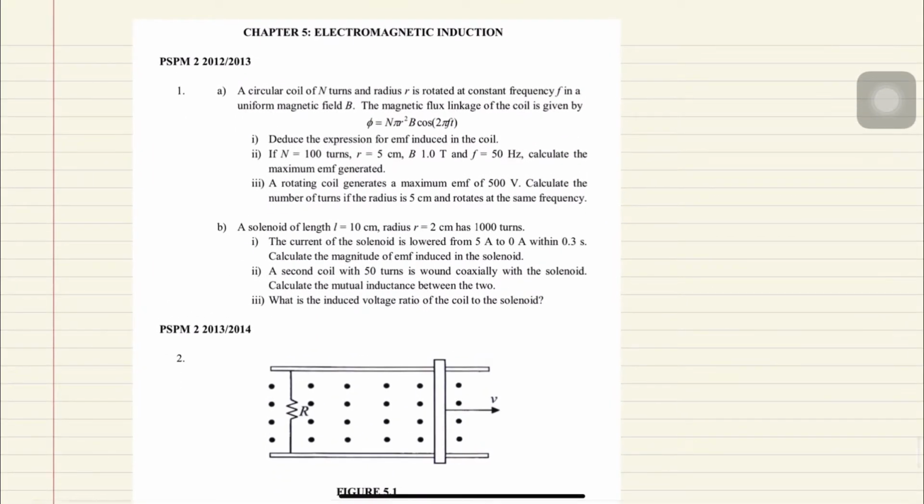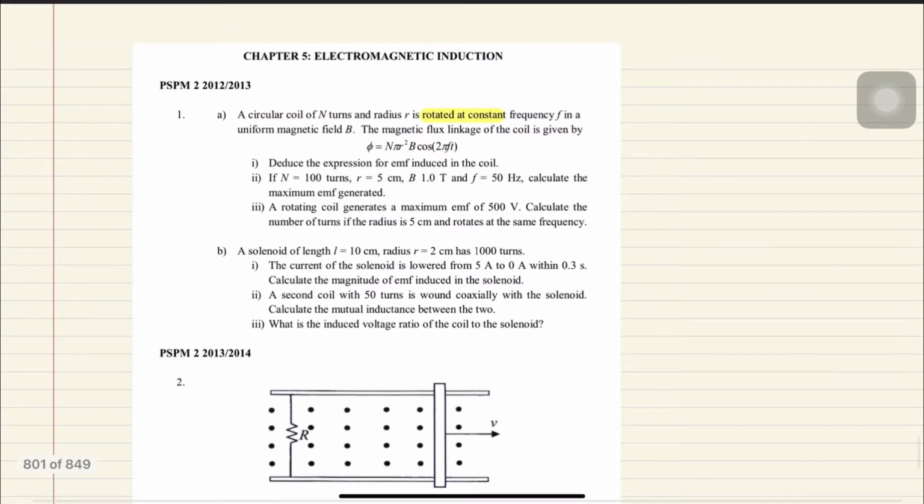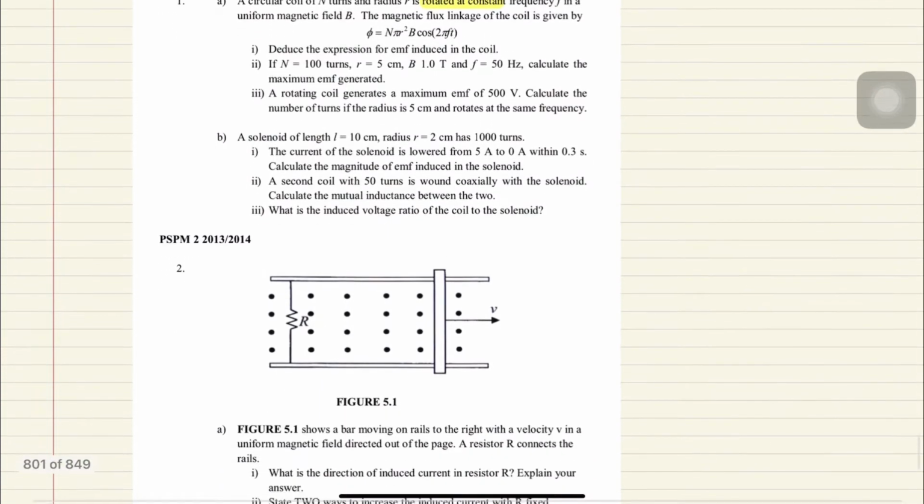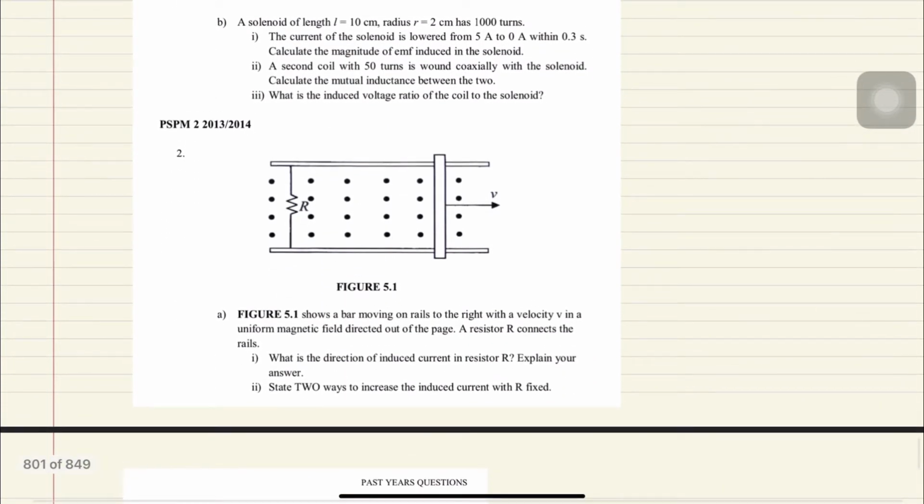Okay, contohnya 1A ni, dia kata rotated at constant frequency. So ini immediately kamu tahu dia yang ada omega tu lah. Okay, tapi yang ni case ni maybe dikasih equation, so kamu kena pakai equation tu. Okay, yang B pula dia kata solenoid length. Okay, and then dia kata ini adalah inductance lah. For this one, dia kasih dia punya dimension.